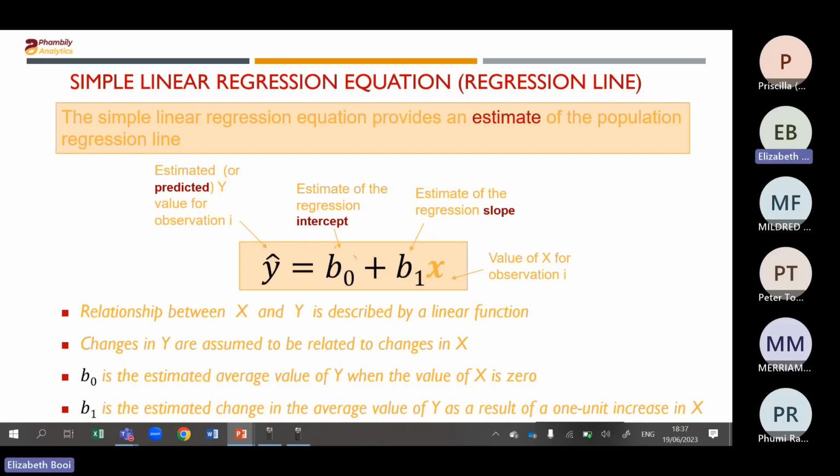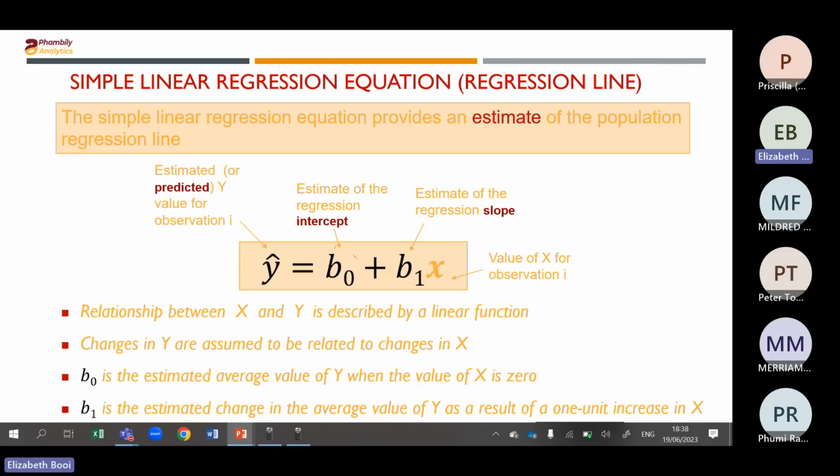And b1 is the estimated change in the average value of Y as a result of a 1 unit increase in the value of X. That is how we interpret b1, which is the slope.